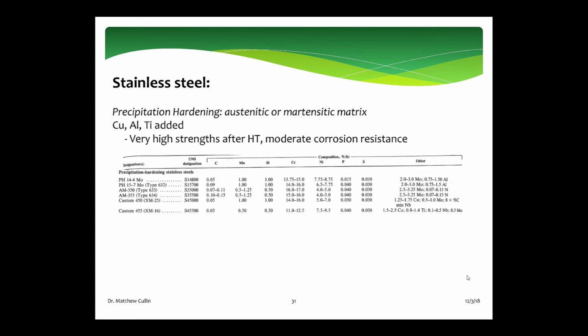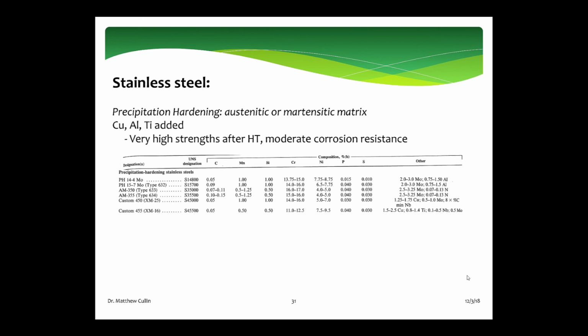The last class of stainless steels is precipitation hardening stainless steels that generally have that PH designation. They can be austenitic or martensitic matrix. We can do either. Obviously, a martensitic matrix would be a higher strength. Austenitic matrix would be a lower strength. But in addition to the martensitic matrix, we're going to have these precipitates that form.